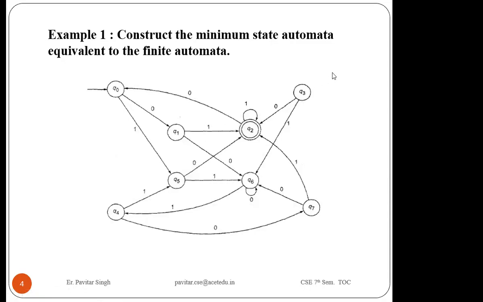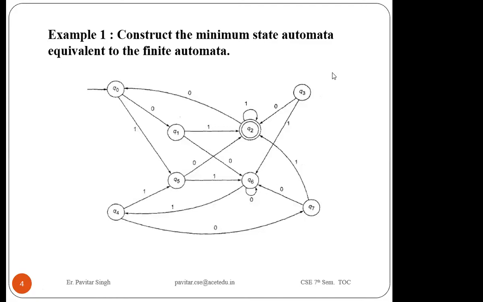So let me draw this table on the board. So first of all, here we have two inputs, 0, 1, and we have some states in the form of Q0 to Q7.